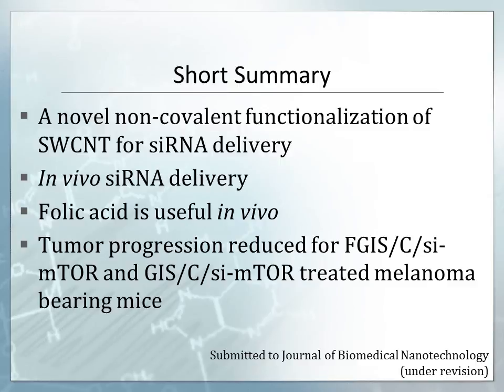So here is a short summary of this project. We prepared two nanotubes for in vivo siRNA delivery, which are able to deliver siRNA in vivo to inhibit the tumor progression with mTOR siRNA.